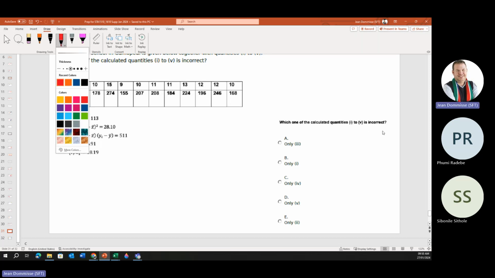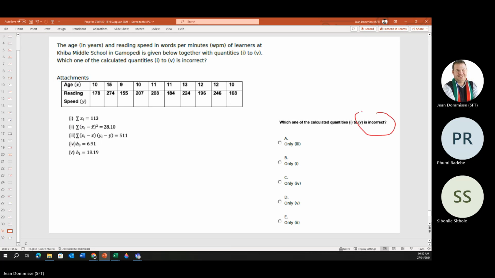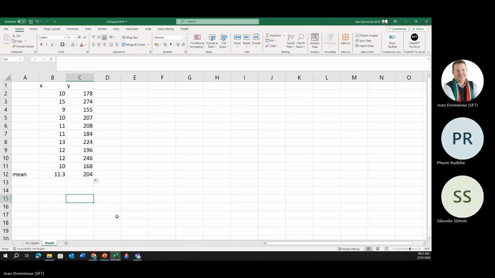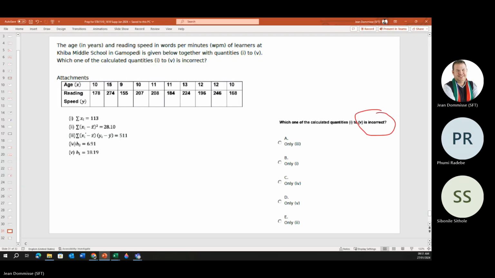And look at which one of the calculated is incorrect. Okay, so that looks very weird. Okay, let's just check X, Y. X is 11.3204. Okay, so that is wrong.